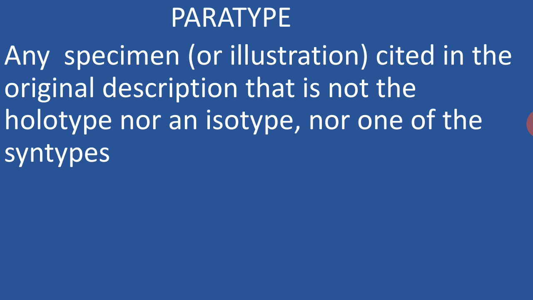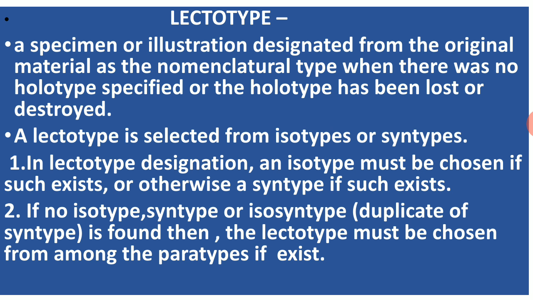Any specimen cited in the original description that is not the holotype, nor an isotype, nor one of the syntypes, then it is the paratype. So a paratype is different from a holotype and syntype.